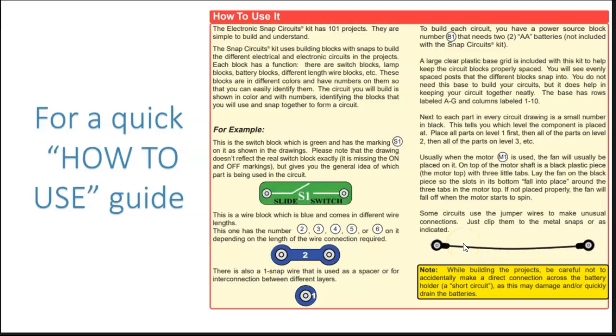They break easily and they can't be repaired. So just be sure and take your time when doing that. There are single one snap wires, there's 2, 3, 4, 5, and some with even 6 lengths. So part of the fun is trying to figure out just what number you're supposed to be using.